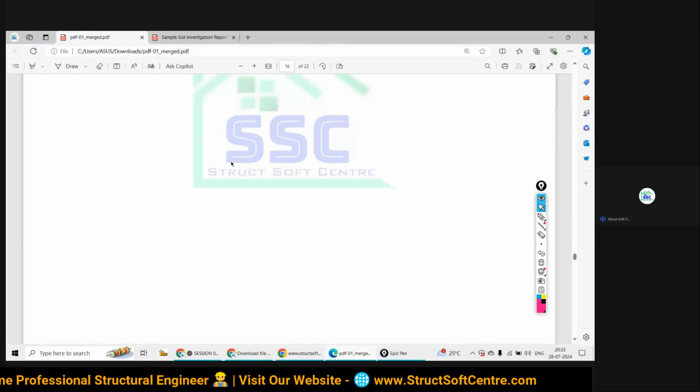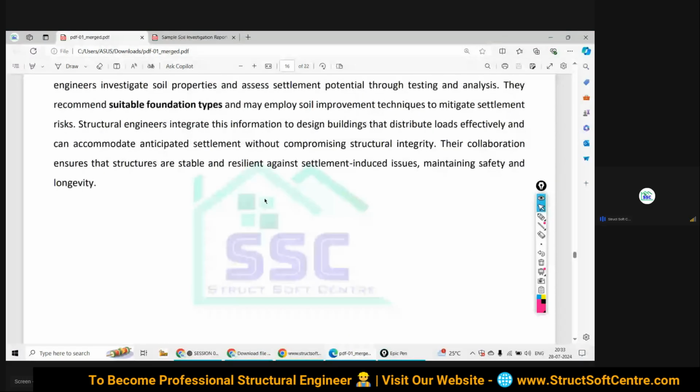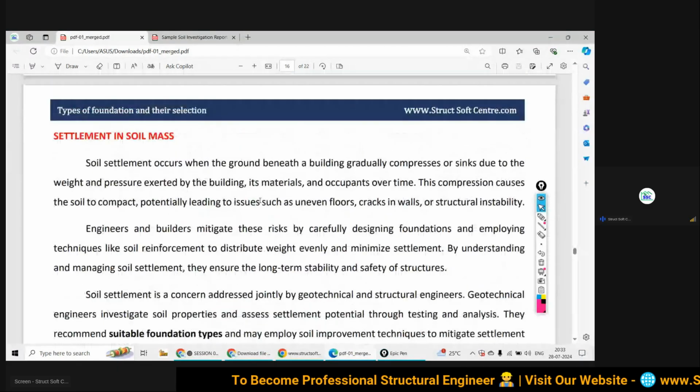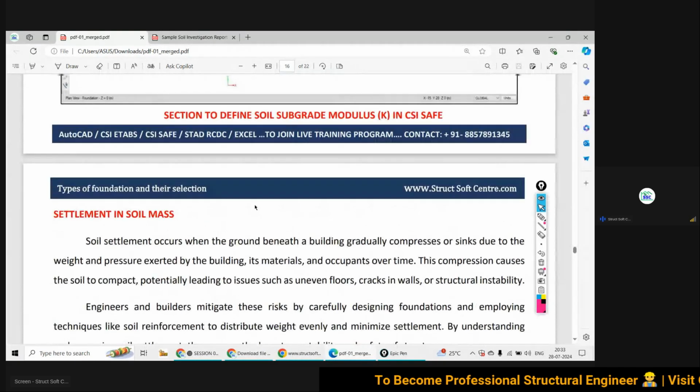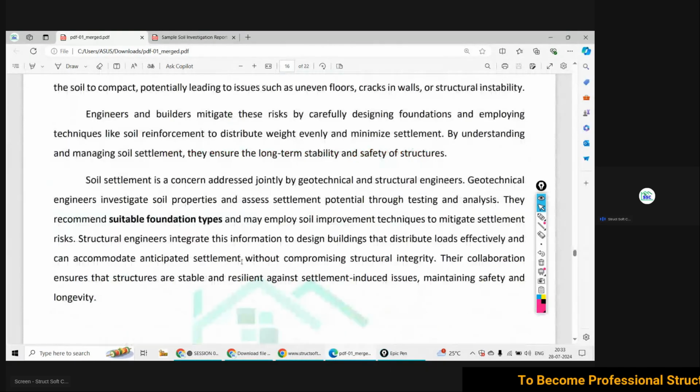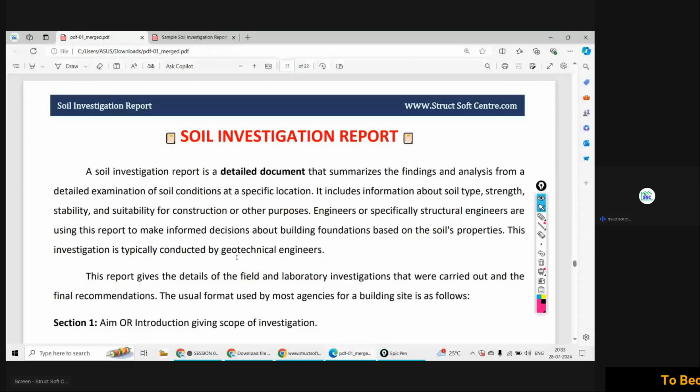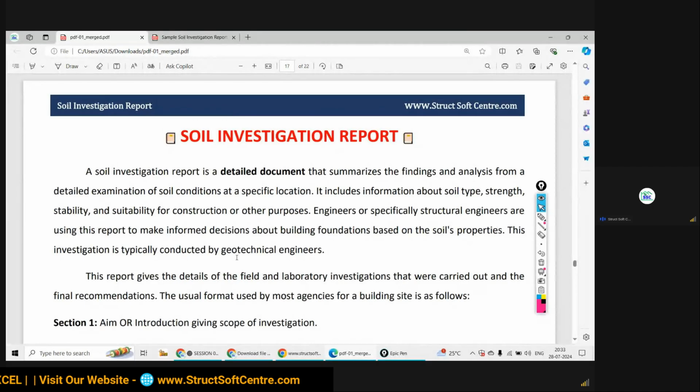Yeah, so hope that's all clear to all of you about the settlement, soil subgrade modulus, its importance, and methods of soil exploration. The summary of all this discussion is that we need a detailed understanding of the soil.